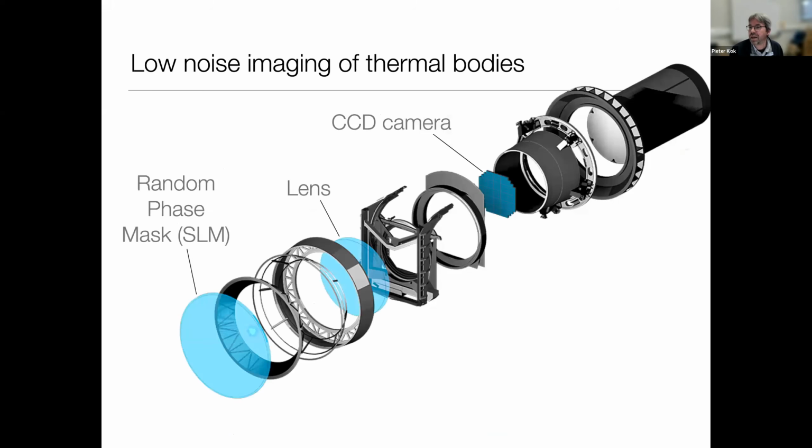So I like this picture because I just stole it from the internet, but I put my own labels on there because I can imagine, in a technology sense, that we can have a CCD camera, and we can have a lens that basically plays the role of the beam splitter, and then we have an SLM, right, which basically gives us random phases.